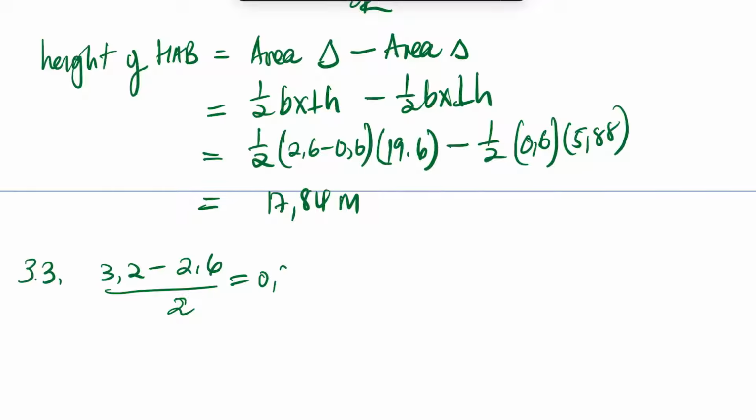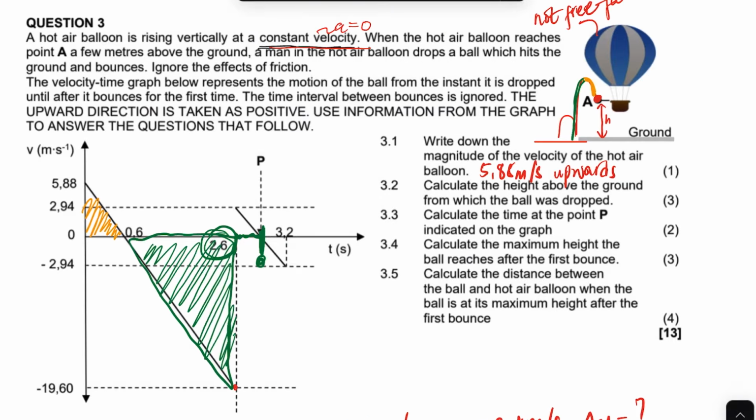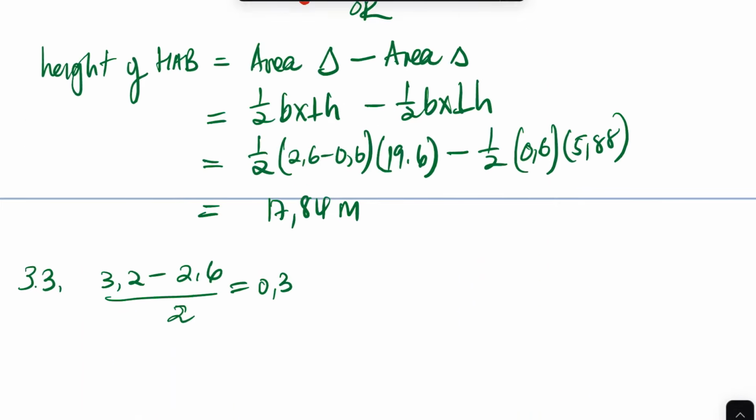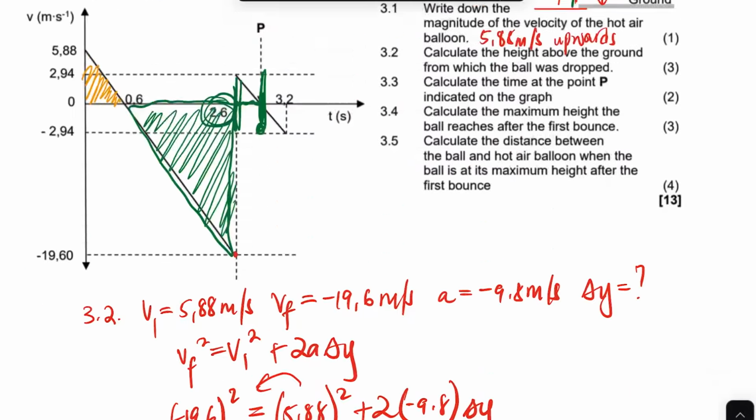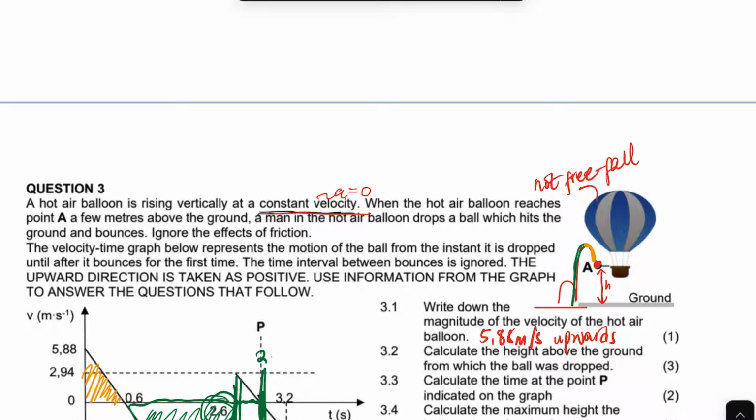So what I was saying, from here to here, you add 0.3. So if we want P now, we'll say 2.6 plus 0.3, it will give us 2.9. And then that means P is 2.9. Now from 2.9 to 3.2, you must add what? 0.3. That makes sense now.